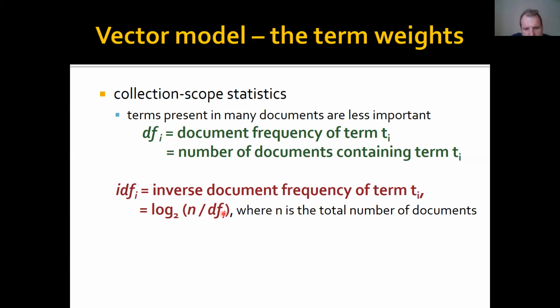And so this is the inverse, but in order to inhibit the effects of large numbers, so the extremely rare terms, it's not taken linearly into the TF-IDF scheme, but logarithmically. Otherwise, without the logarithm, it would basically completely inhibit the TF, and only the IDF would be dominating and would create the weight for the rare terms.